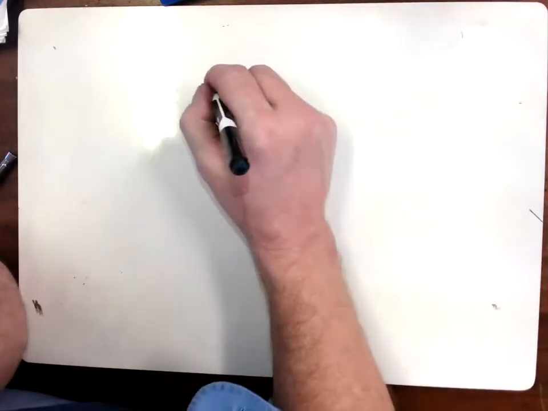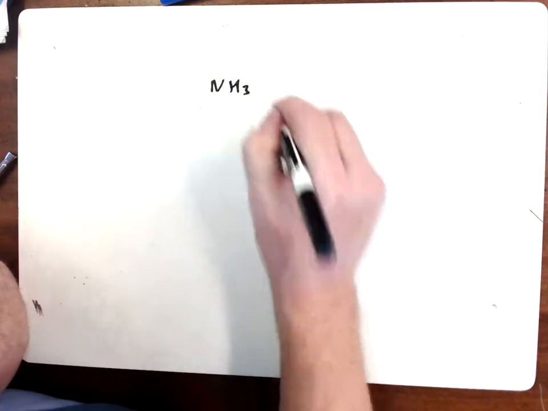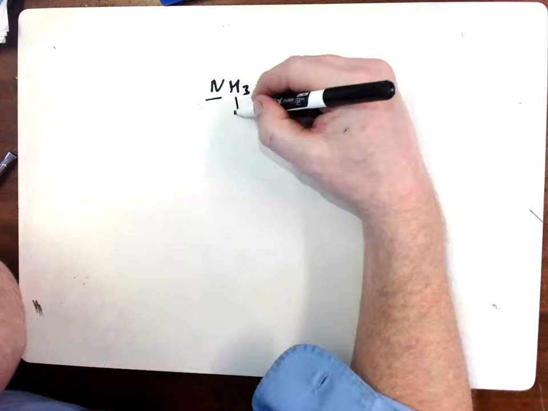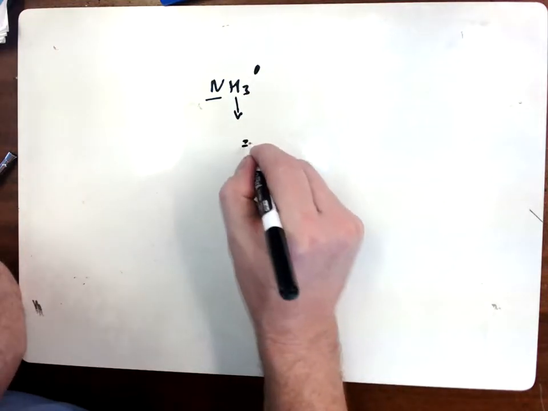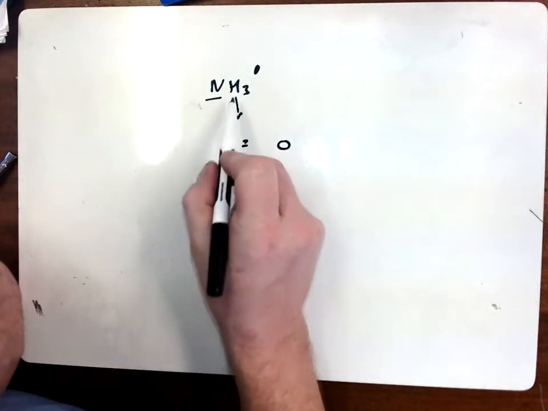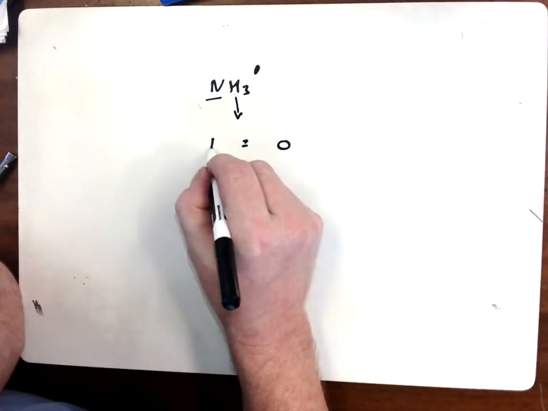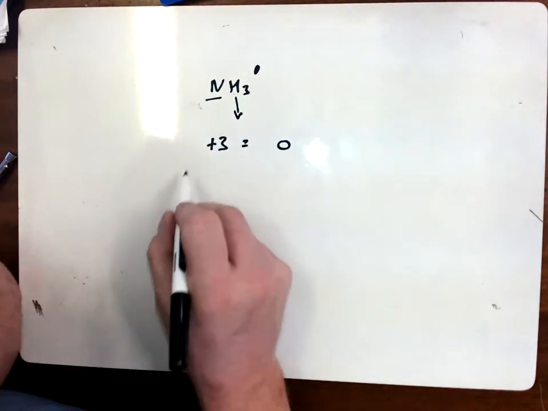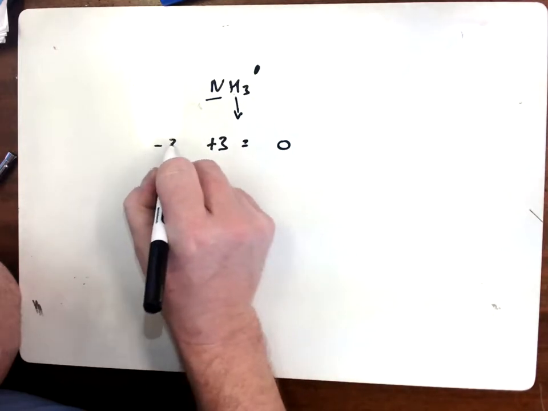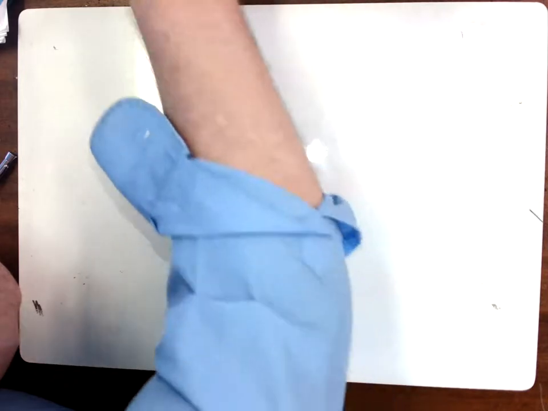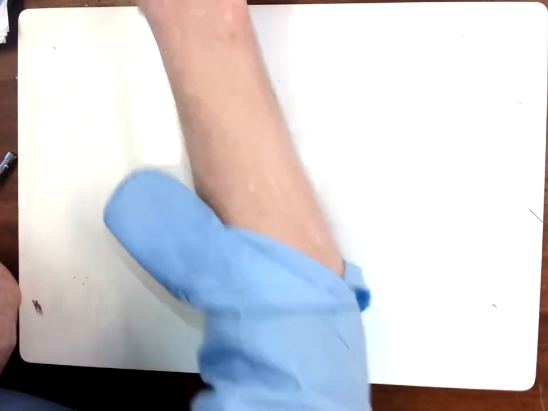So if we took a look at, let's say, applying our rules to ammonia, we're looking for nitrogen, so the overall charge is 0, so everything in there adds up to 0. We have 3 hydrogens, they're not attached to a metal, so they must be +1, so we'll say +3. So therefore the nitrogen in this instance must be -3, since -3 plus 3 is equal to 0. So nitrogen in that case is -3.